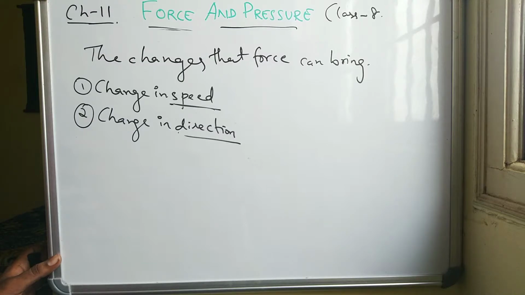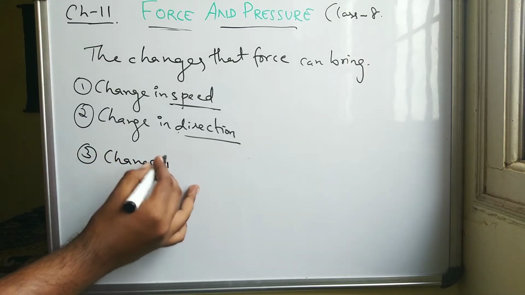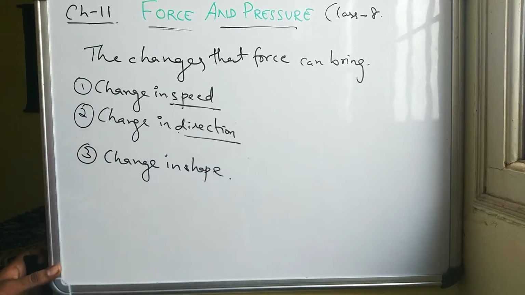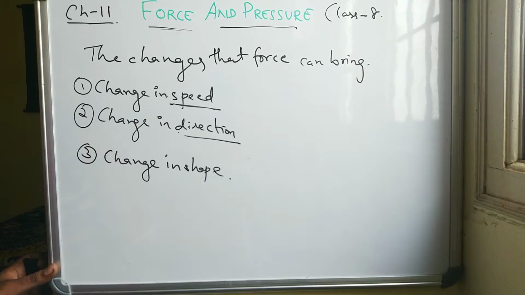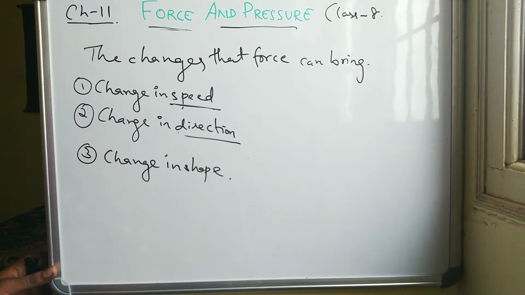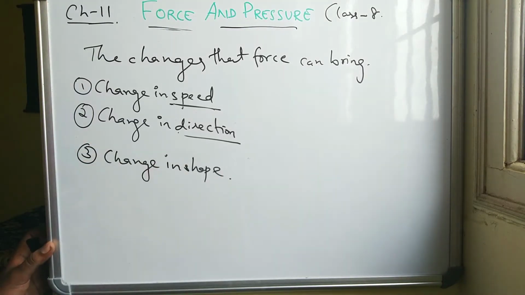One more thing we'll discuss, that is change in shape. For change in shape, you can take anything, like if you press something, you're applying a push basically. Let's take one example: toothpaste.